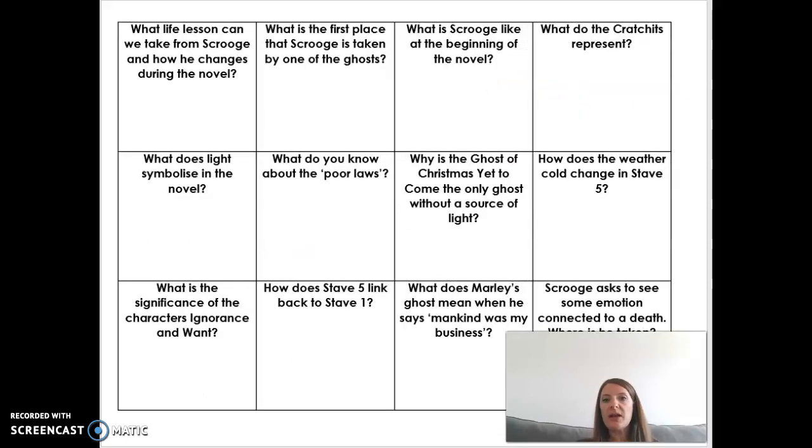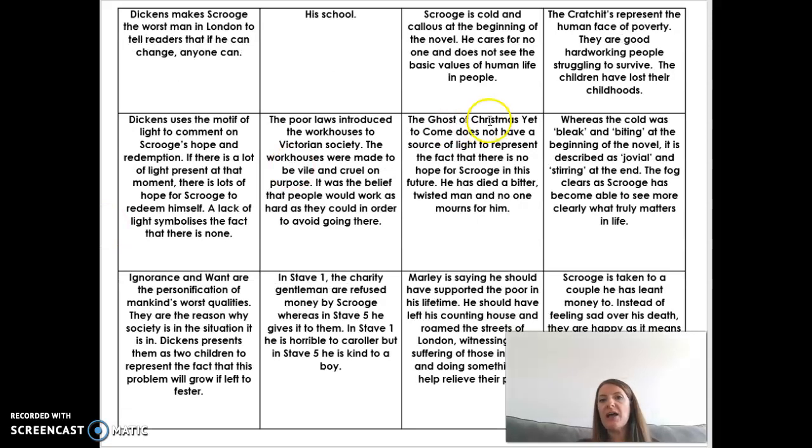Okay, next question then. Why is the Ghost of Christmas Yet to Come the only ghost without a source of light? Again, it links back to this question. It's about the symbolism of the novel. And as we already spoke about, light symbolises hope and goodness. So at moments in time where there is no hope for Scrooge, the novel gets darker.